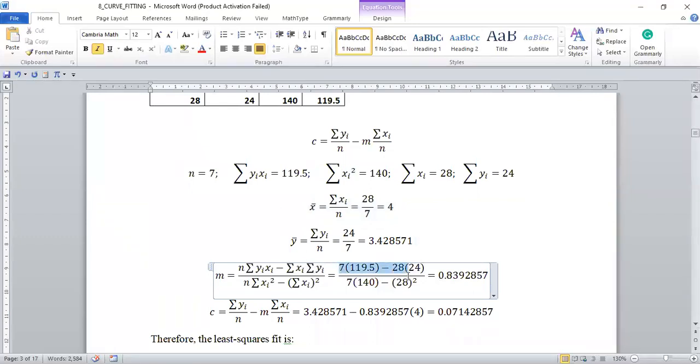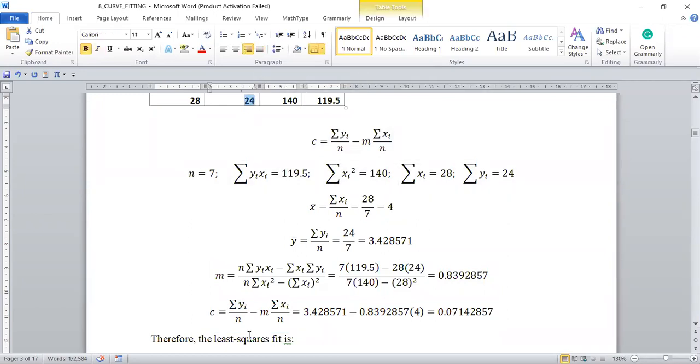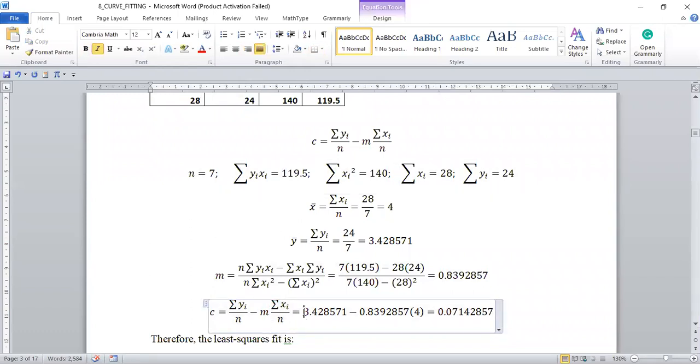So you just put in all the values to get your m, then your c. We already know these values, which we calculated. This is 24, and then this is 28 divided by 7. When we do that, we arrive at the intercept, which is given by c.